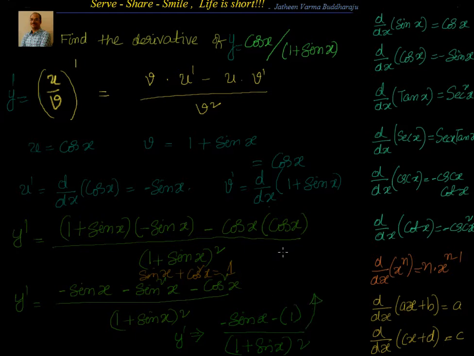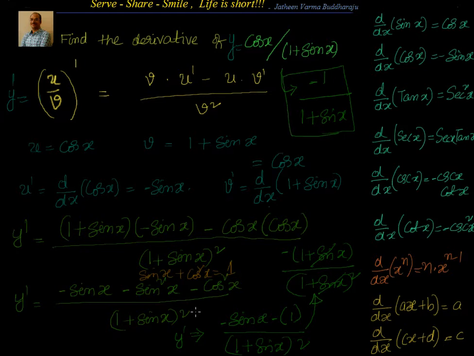That will be nothing but minus of 1 plus sin x divided by 1 plus sin x whole square. We can cancel 1 plus sin x. So the answer is minus of 1 by 1 plus sin x.